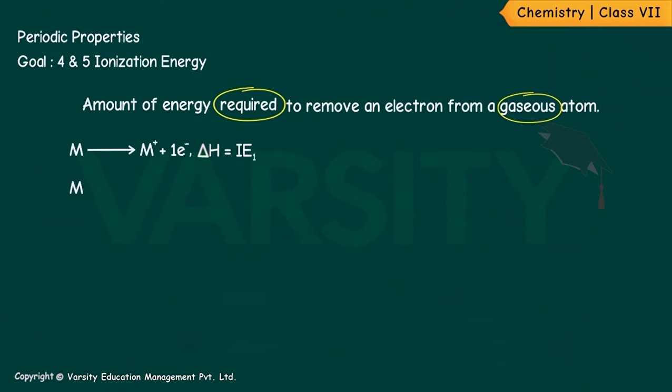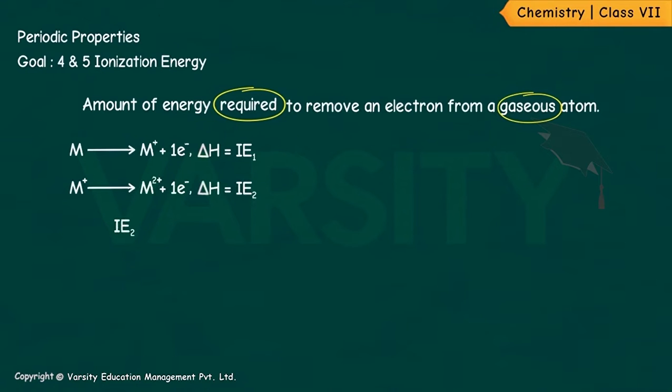Now, if one more electron is removed from this isolated gas, then we get M+ tends to M2+ + 1 electron, delta H, which is equal to IE2.